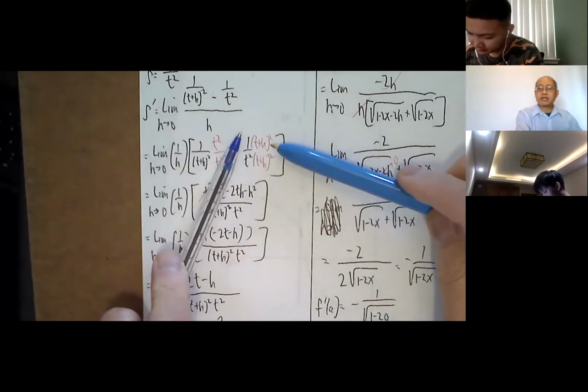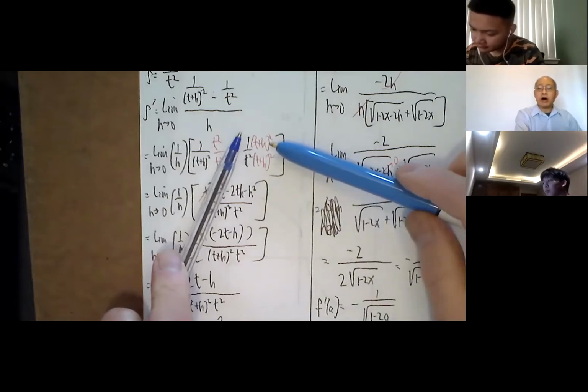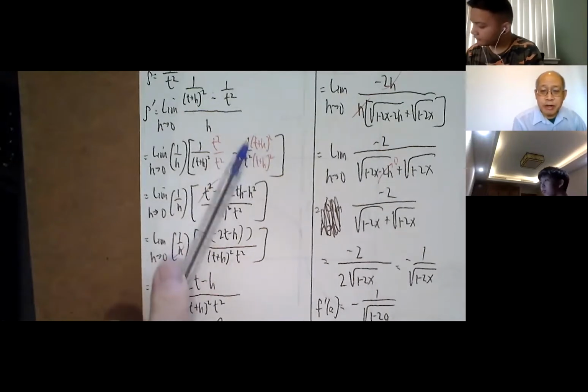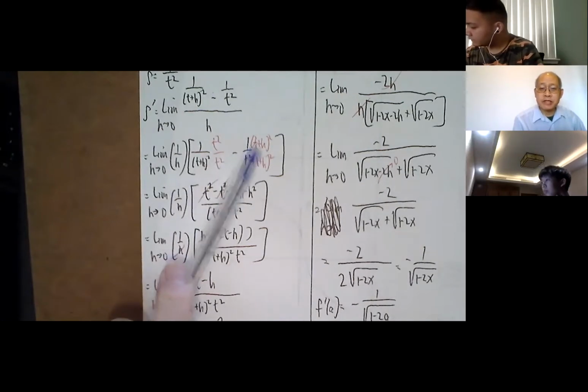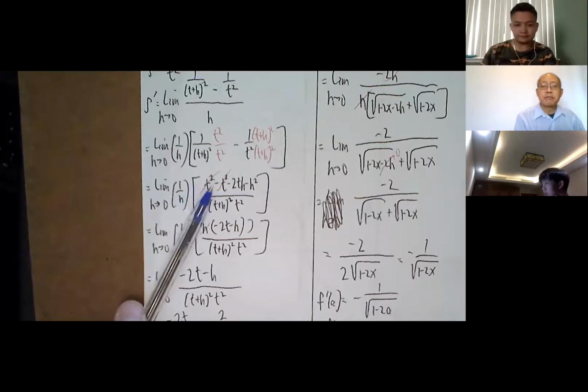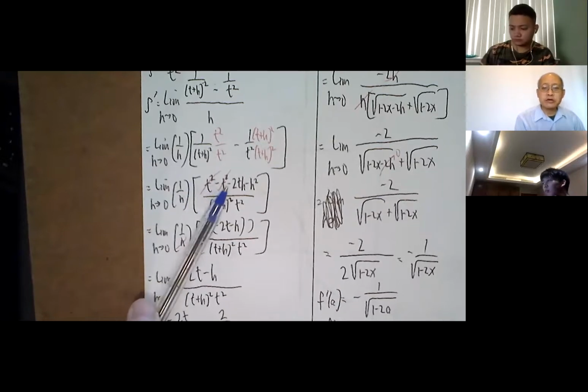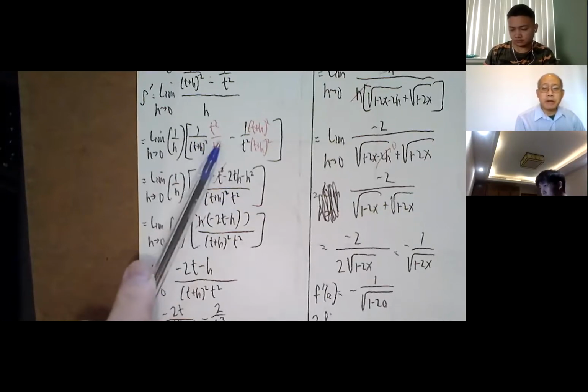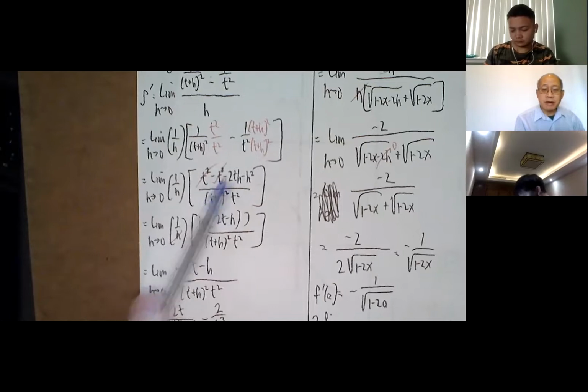That's like a plus b squared, and they're all positive. So if I put a negative in front, they're all negative. So I'm going to square this expression, t plus h squared, and put them all as negative. So t squared minus t squared minus 2th minus h squared.